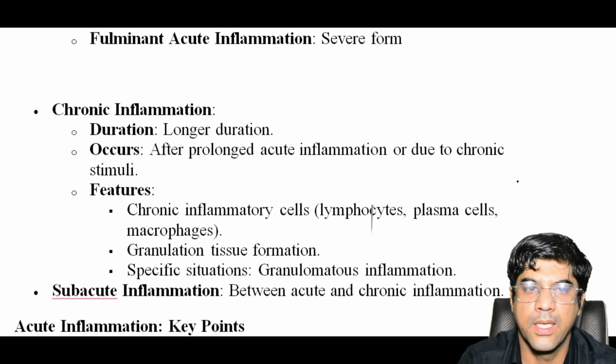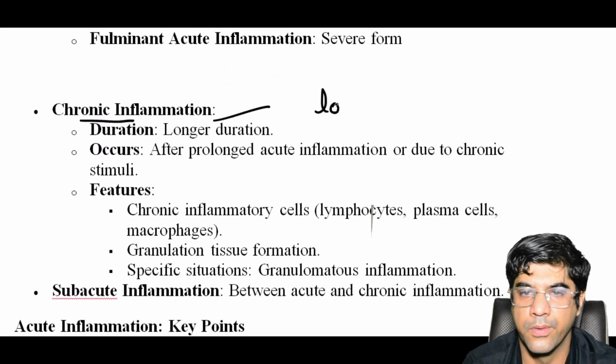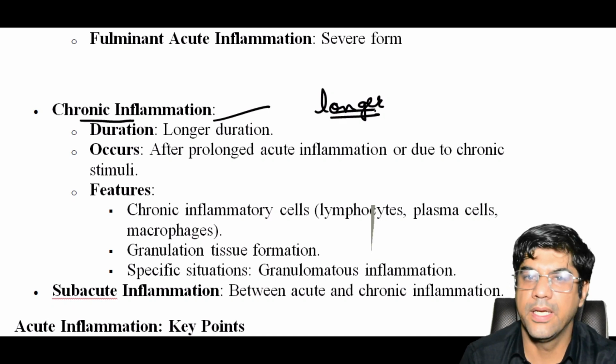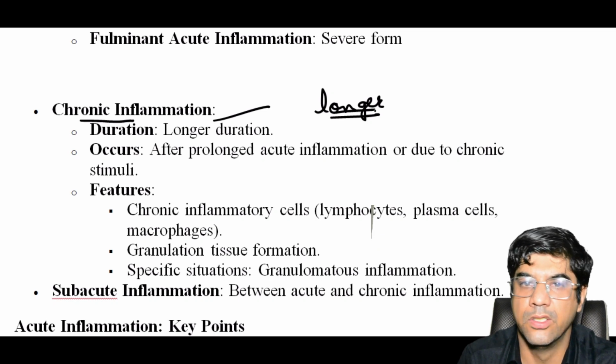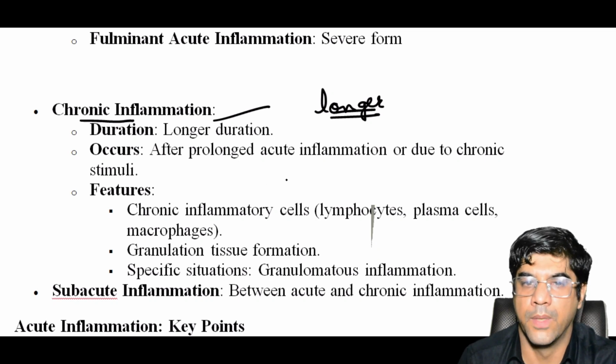The other is chronic inflammation. Chronic means it lasts for a longer duration, often a month or even years. Chronic inflammation involves the persistence of the causative agent. So you will see chronic inflammatory cells here. What are those?